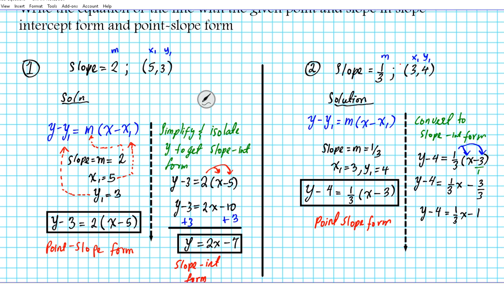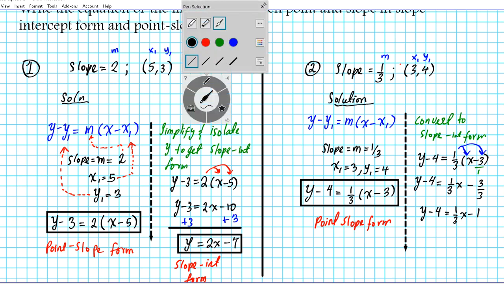To finish this off, we're going to add 4 to both sides. Remember, the goal is to isolate y. So we're just going to add 4 to both sides of the equation. And when we do that, let's see what happens.